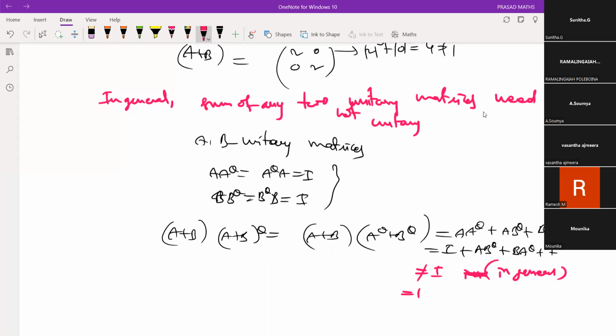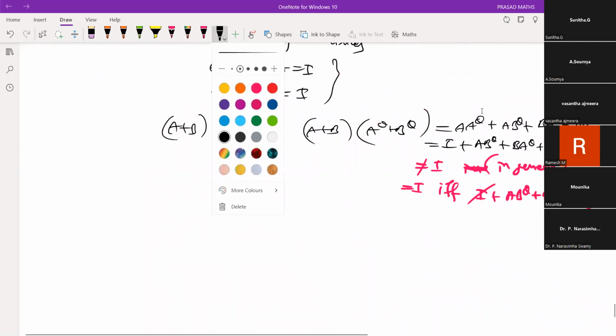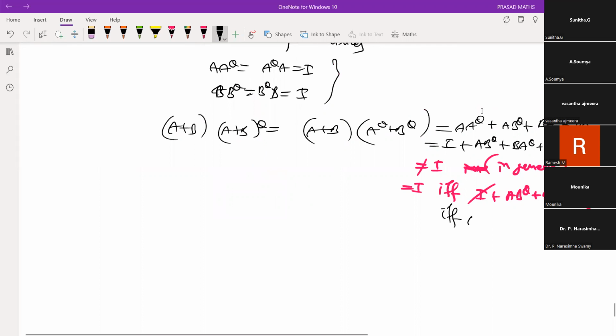But it equals I if and only if the remaining matrix is zero. The identity matrix cancels because matrices with respect to addition form an abelian group, hence the cancellation law. So this holds if and only if A B theta plus B A theta plus I equals the zero matrix.